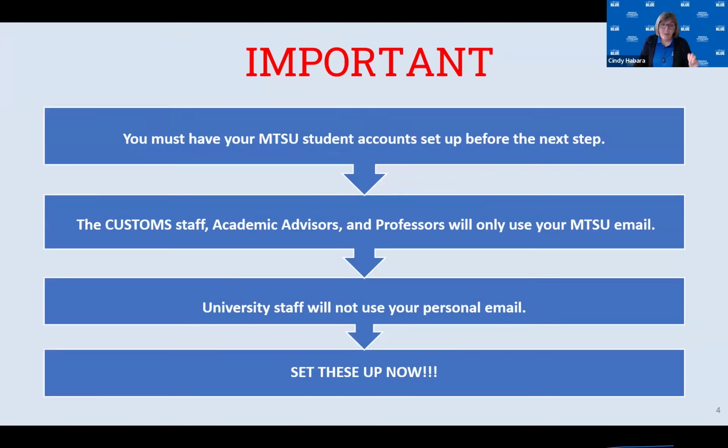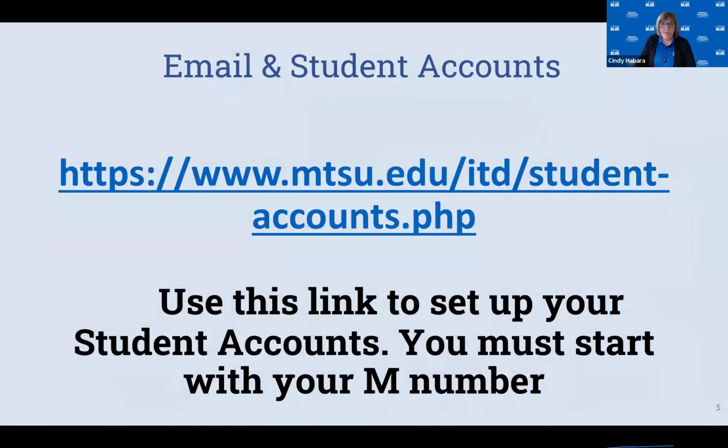You need to find a plan to monitor this email account now, because you will get 10, 15, 20 emails in this account alone every day. It is not unusual for us to get 50 or 60 emails a day in our accounts dealing with students. So you need to find a way of managing that account.